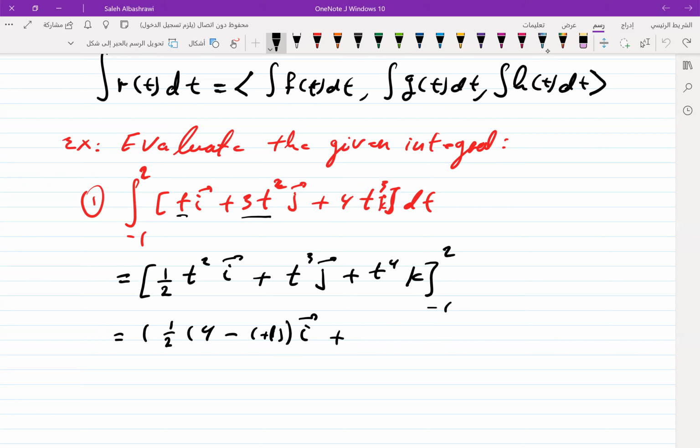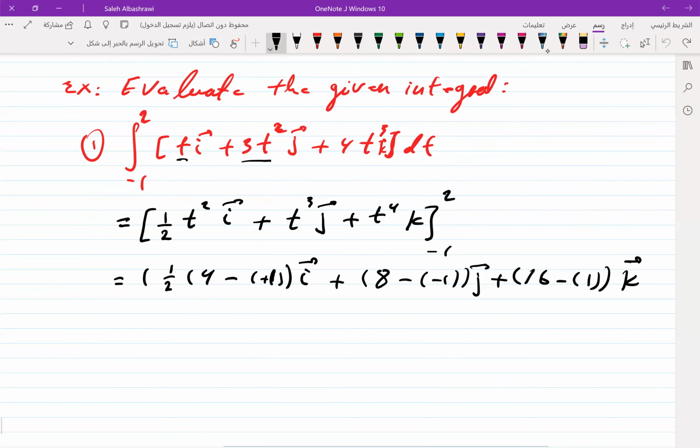The second one, j: replace t by 2, I will have 8 minus -1, because -1 to the power 3 is equal to -1. The third component: 2 to the power 4 is equal to 16 minus -1 to the power 4, which is equal to 1.